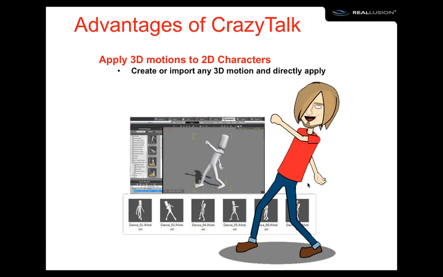Okay, this is also a motion file. And we have a converter called 3D Exchange. With this converter, you can change that file format into an iMotion, which is the proprietary format that we have for iClone, and obviously for CrazyTalk Animator. So you can bring in your own 3D motions externally and use them in CrazyTalk Animator 2. So if this is not cool, I really don't know what is.